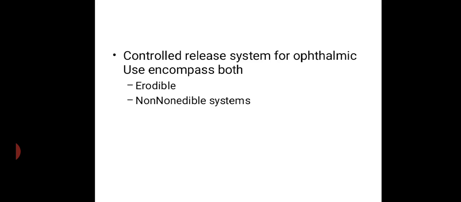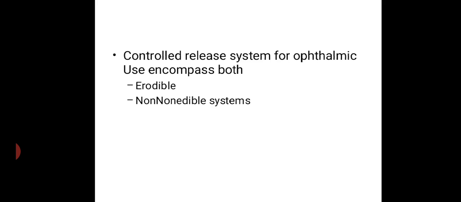Now, ocular inserts can be of two types. The first one is erodible, the second is non-erodible systems. Erodible systems, once inserted into the eye cavity, will slowly erode and release the drug.